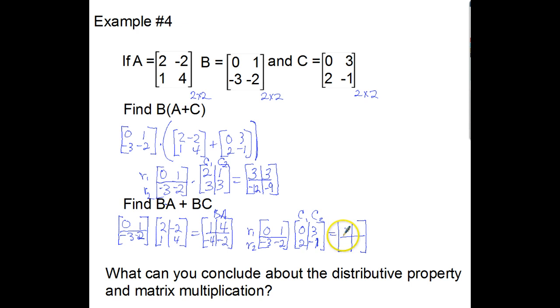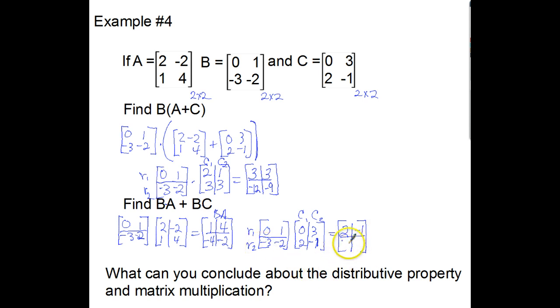And this is row 1, column 1 of my answer, so I'll take the numbers in row 1 and times them by the numbers in column 1. First times first is 0 times 0, plus second times second, 1 times 2, 0 plus 2 is 2. Row 1, column 2, nothing, and negative 1 is negative 1.